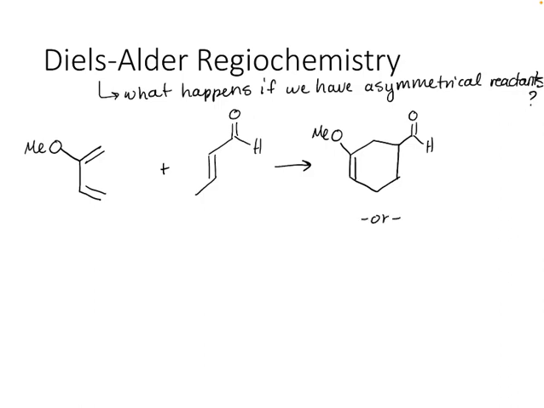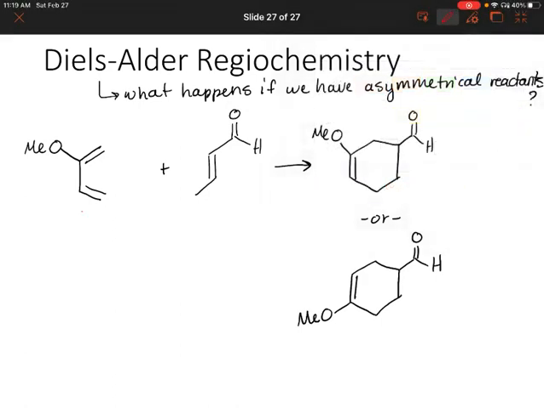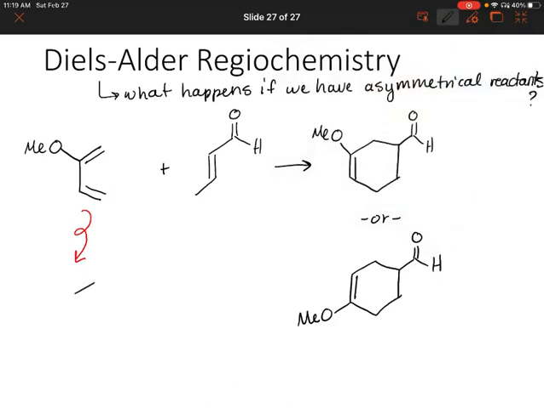Or we could end up with one of them flipping. So for instance, if we flipped our diene so that the methoxy group was on the bottom.